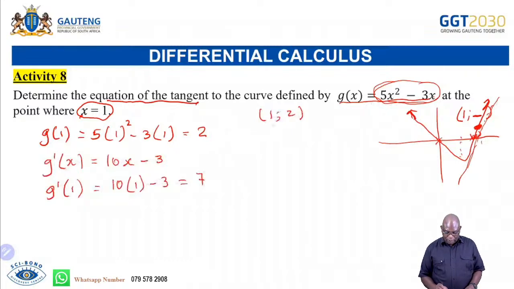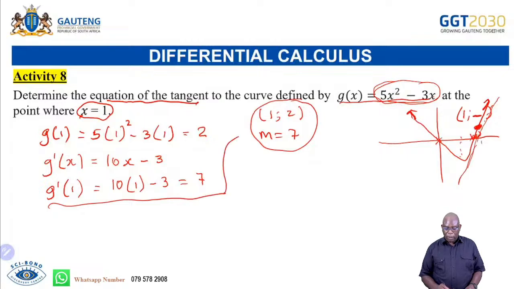I've got a gradient, which is 7, and I've got a point. To get the equation of the straight line, it's quite easy now. So I can go y minus y1, which is 2, equals the gradient times x minus 1. So a gradient and a point can give me the equation of the straight line. That's how easy that will be.